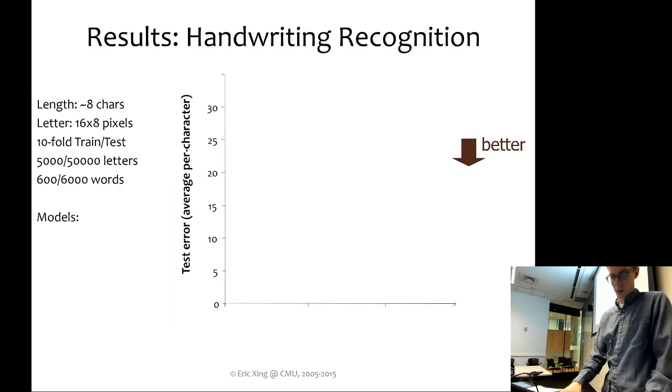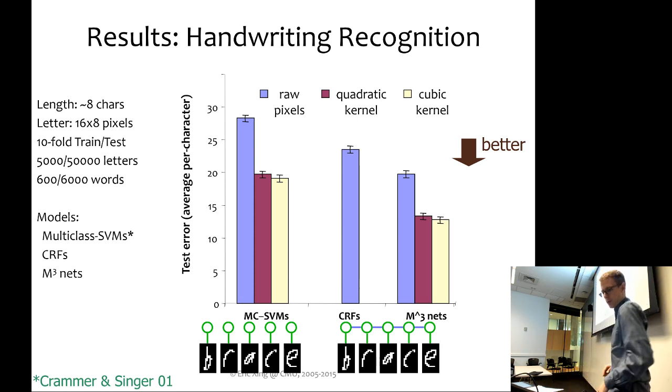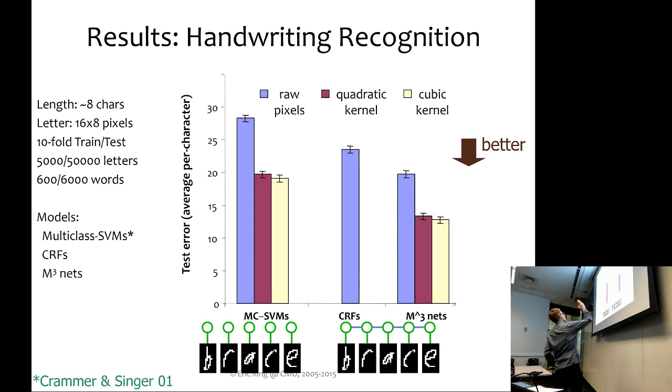What we find is that if you train with a CRF, it does a lot better than if you train with, say, an SVM on the raw pixels, an independent SVM that just looks at one character at a time. That said, you can incorporate kernels into the SVM, like a quadratic or cubic kernel, and then you can actually beat the CRF.